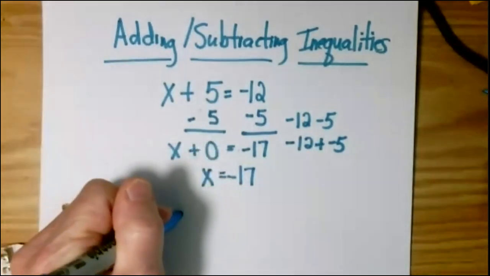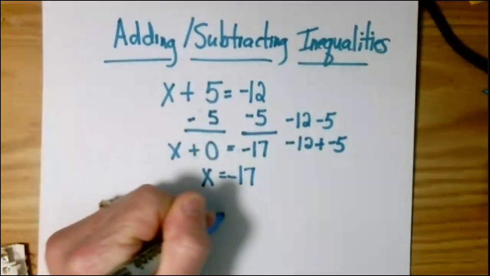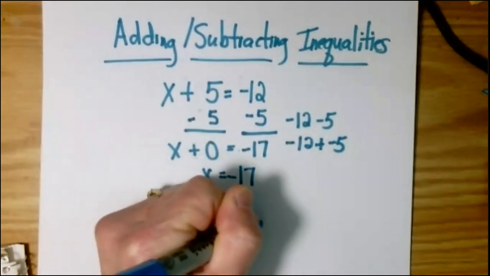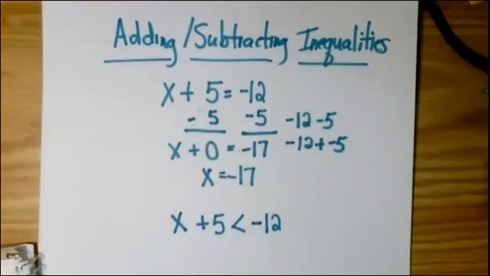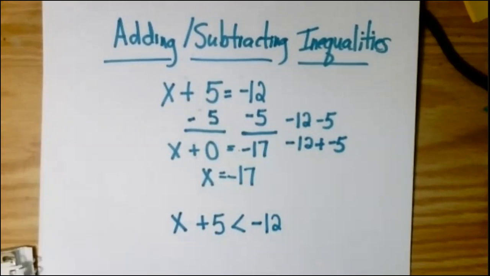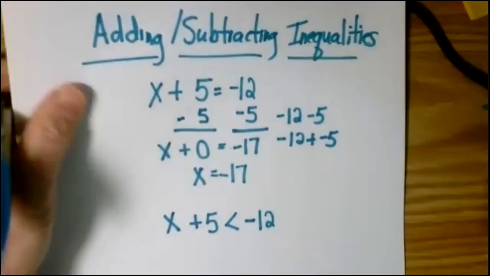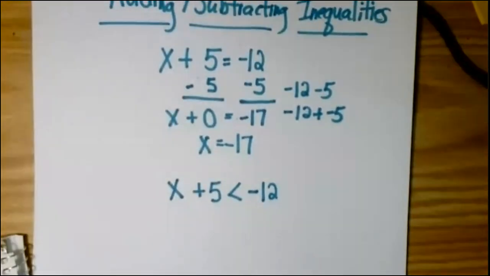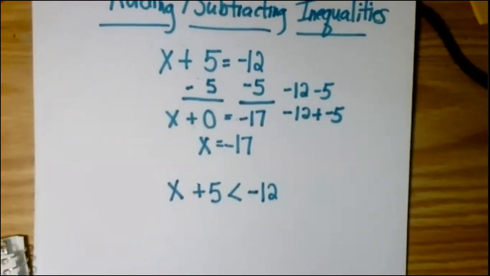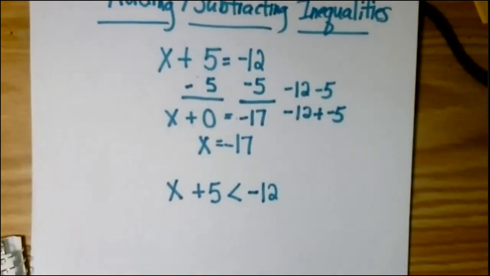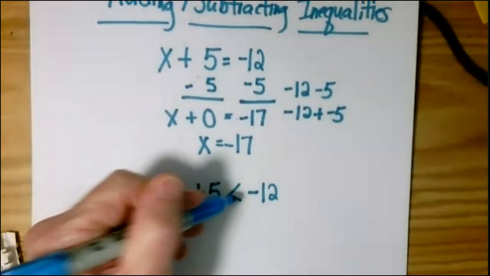What would change if I were to write x plus 5 is less than -12? X plus 5 is less than -12. I would do exactly the same thing as I do if there's an equals here.